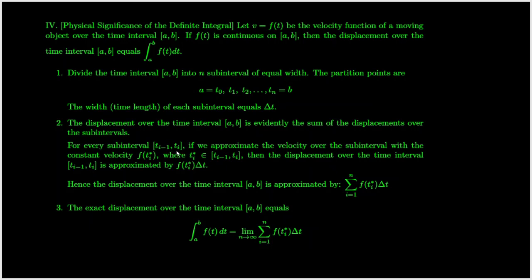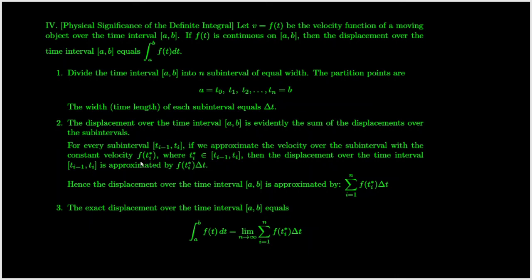Since the velocity function is continuous, the velocity over each tiny subinterval does not change much. So we can use a constant velocity to approximate the velocity over each tiny subtime interval. We can use the velocity at any instant as the constant velocity.